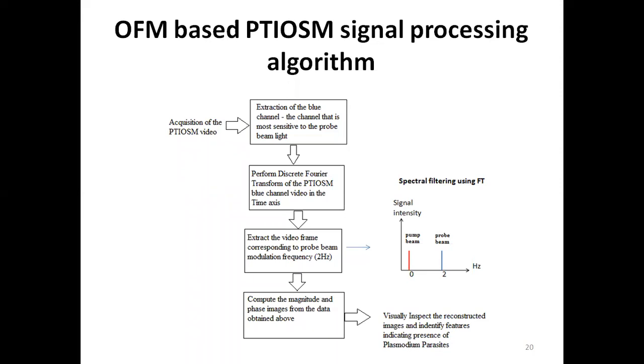Because the probe beam was modulated in intensity at a frequency of 2 Hertz, while the pump beam was not modulated in intensity, it was constant intensity, when we perform the Fourier transform and extract the 2 Hertz signal, we only get the probe beam images and drop the pump beam images.